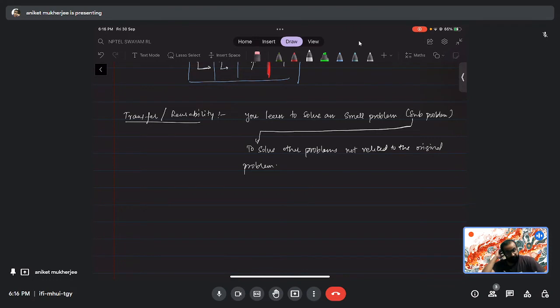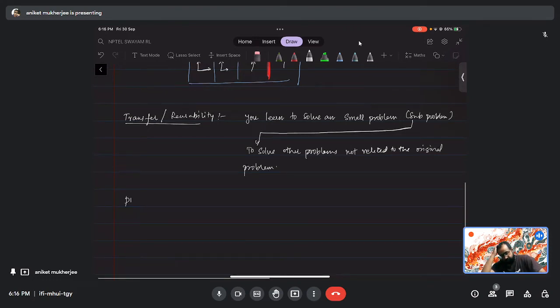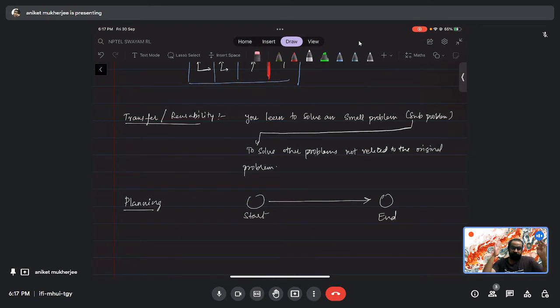So this has very much similarities to planning, because in planning you know what the starting point is and what the end goal is. So you go from start to end, you apply some set of rules, you follow an algo, and you say that you are done, or you want to find some optimal way of going from start to end.